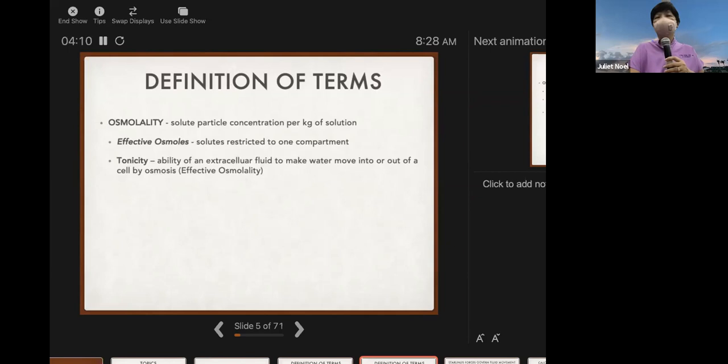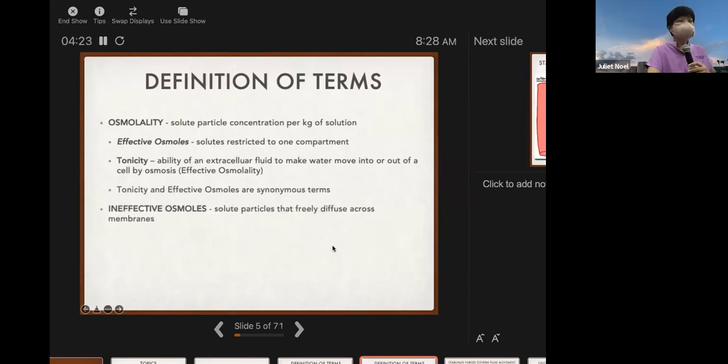So in effect, it is synonymous with effective osmoles. Ineffective osmoles are solute particles that can freely diffuse across the cell membrane. Ineffective solutes would be like urea, since it can pass through the cell membrane.